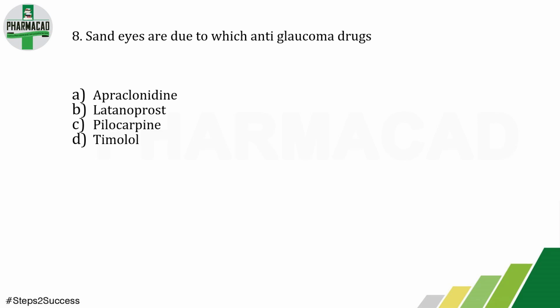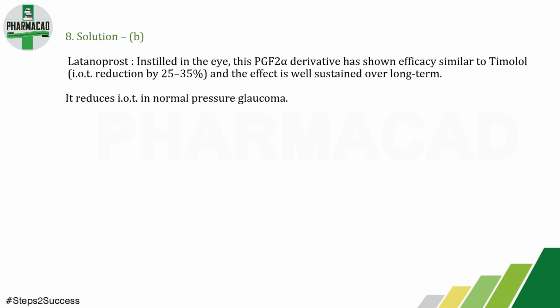Next question: sand eyes are due to which anti-glaucoma drug? The options are apraclonidine, latanoprost, pilocarpine, or timolol. The correct option here is option B, latanoprost. Latanoprost is instilled in the eye.